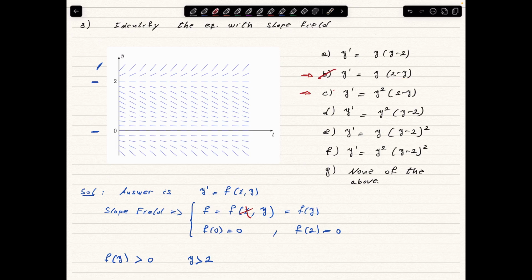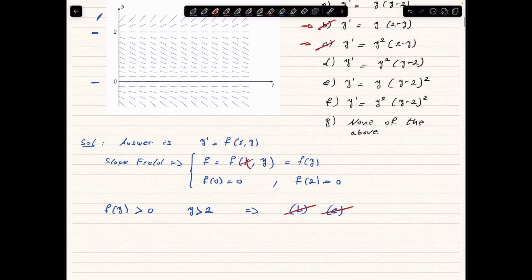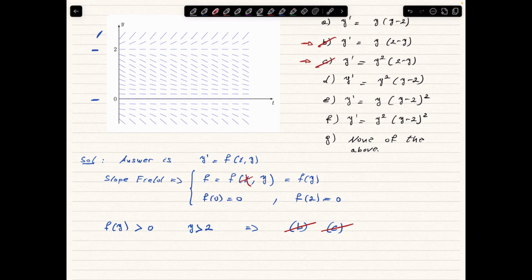And the same with c, it eliminates c because of this factor. So let's put it down here. This condition implies it cannot be either C or B. Alright, so the sign here eliminates two options.